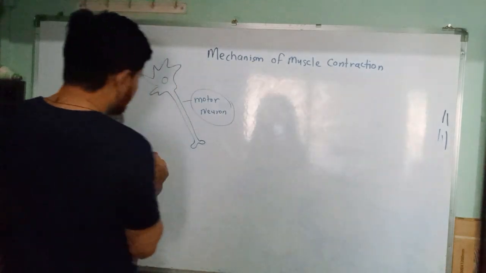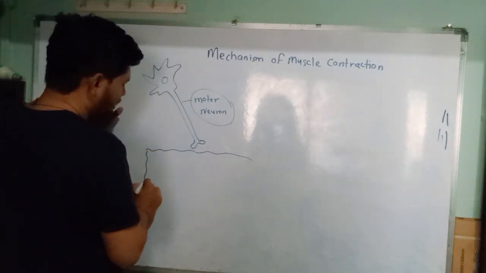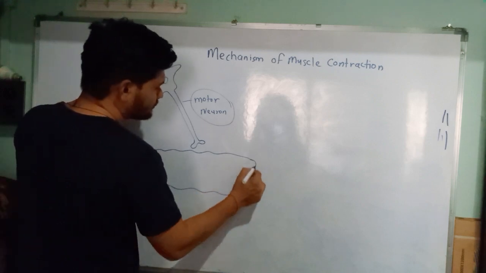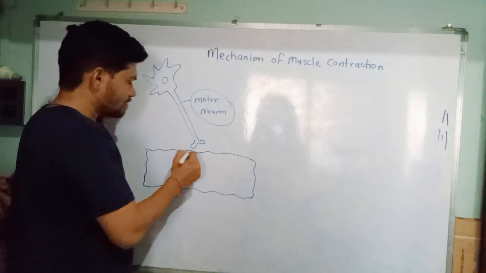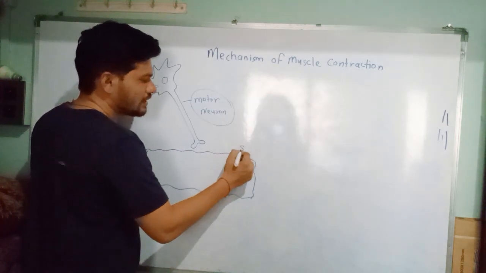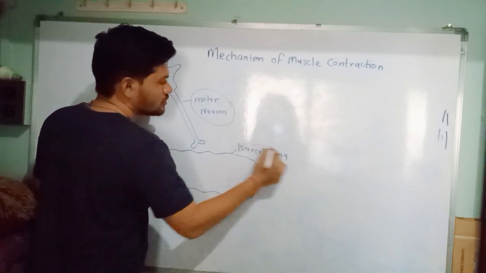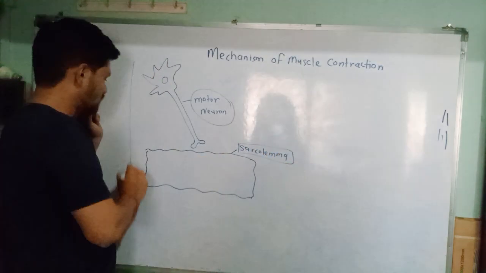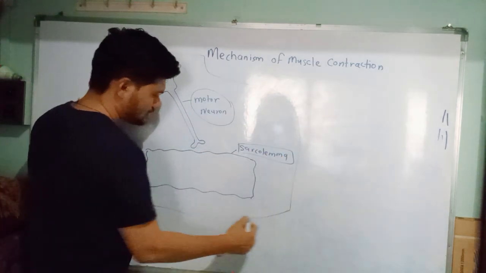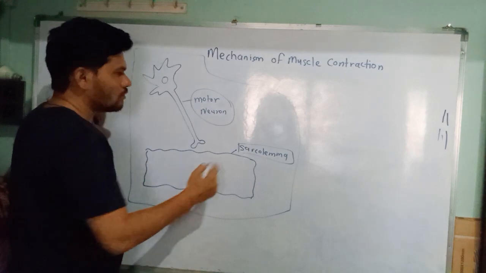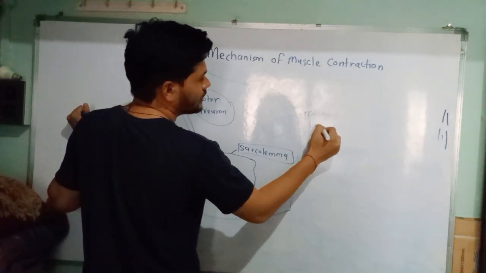So here I am drawing a muscle fiber, which is a muscle cell. This is the plasma membrane of the muscle cell, the sarcolemma. So the neuron along with the muscle cell is called the motor unit.